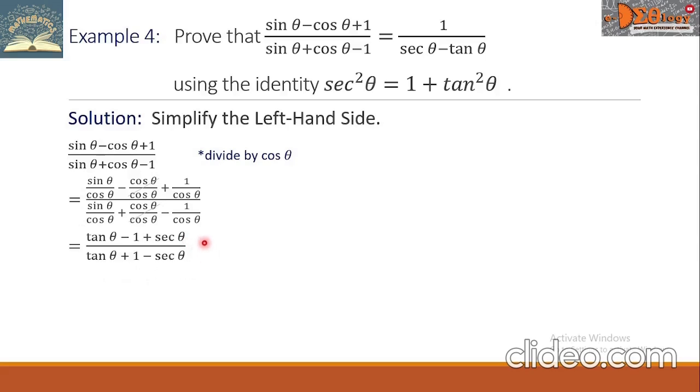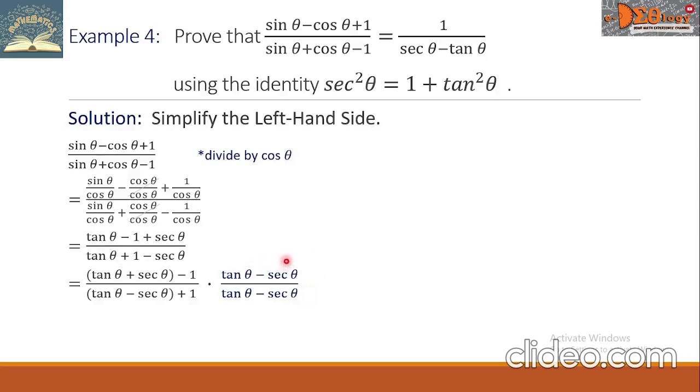Let us rearrange the terms. We can put together the tangent theta and secant theta closer. So it becomes like this. And from here, let us multiply this by the conjugate of tangent theta plus secant theta, which is tangent theta minus secant theta. Same value we will put in the denominator.